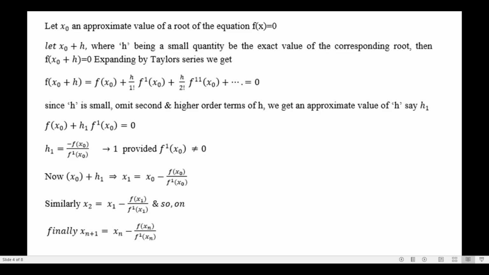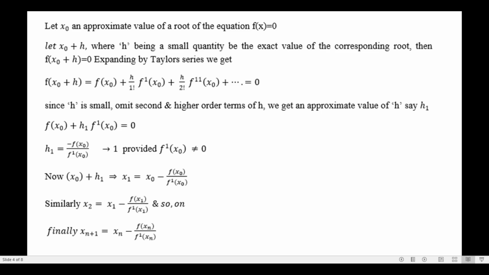Then h is equal to minus f of x naught divided by f dash of x naught. So using this, the first approximation of the root is given by x1 is equal to x naught minus f of x naught divided by f dash of x naught.